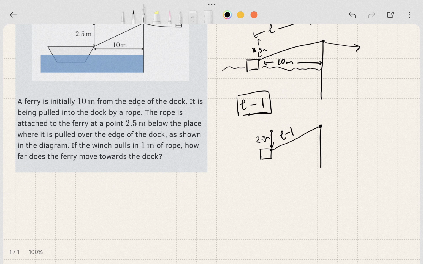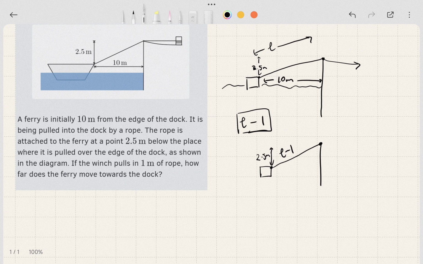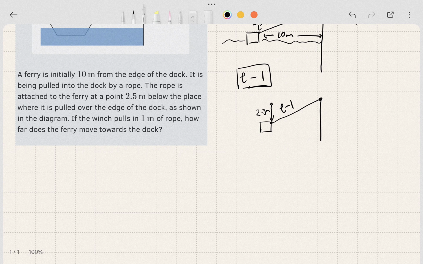In order to find the distance that the boat has moved, we need to subtract the new distance from the boat to the edge of the dock from 10 meters. So this new distance, let's call it d, is, according to Pythagoras' theorem, d equal to the square root of (L minus 1) squared minus 2.5 squared.